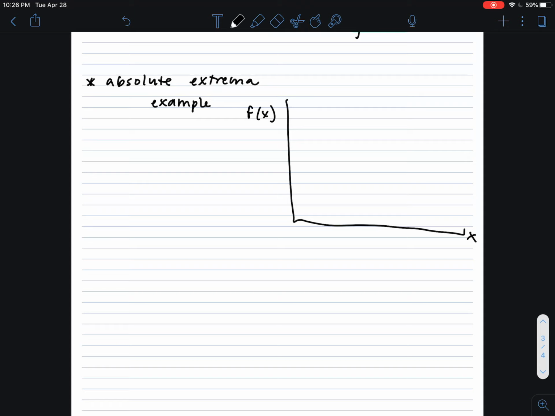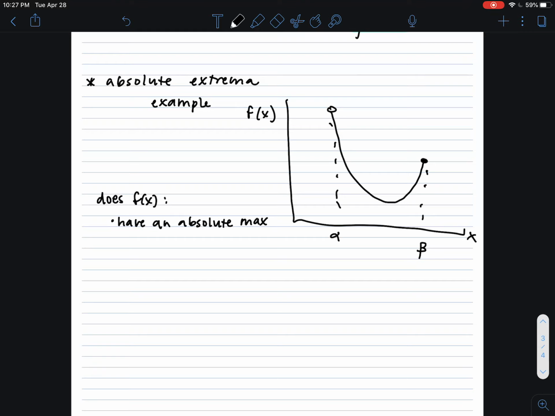If I have f of x looking like this on some interval alpha to beta, I could ask you guys, does f of x have an absolute minimum on alpha to beta inclusive?